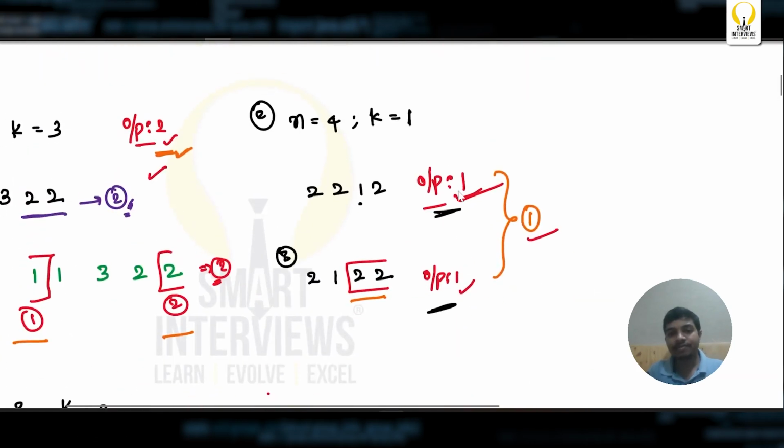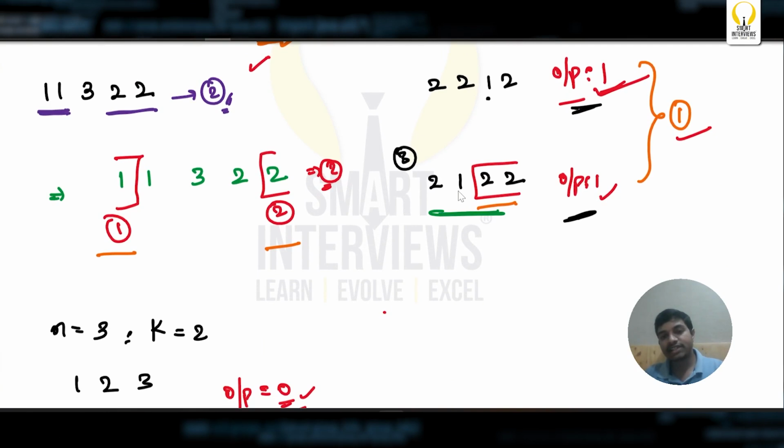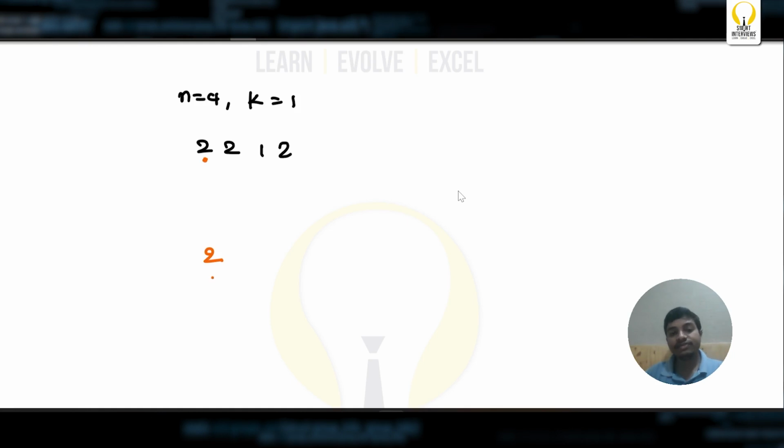If you see, for this example, 2212, the value of n is equal to 4 as well as the value of k is equal to 1. So as I said, running frequency: initially we got 2, I'm going to simply store 2 and its frequency is 1.